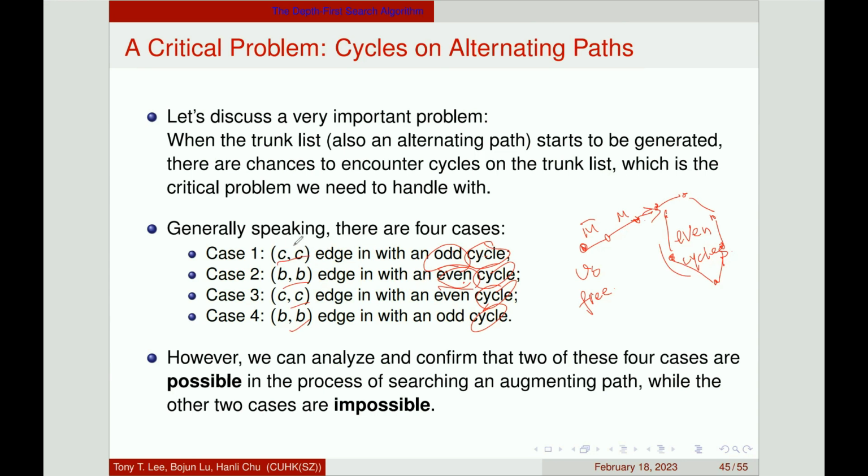So we just have a full red color edge or full blue color edge into it. We can prove this with careful analysis, and then we could say that only the first two combinations are possible, and the second two combinations are not possible at all. So we have a detailed analysis.